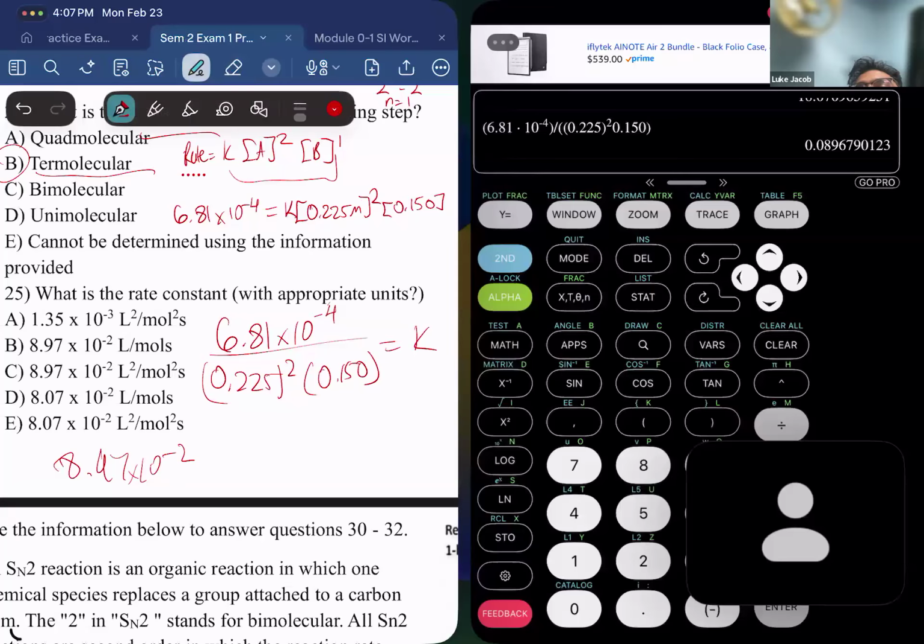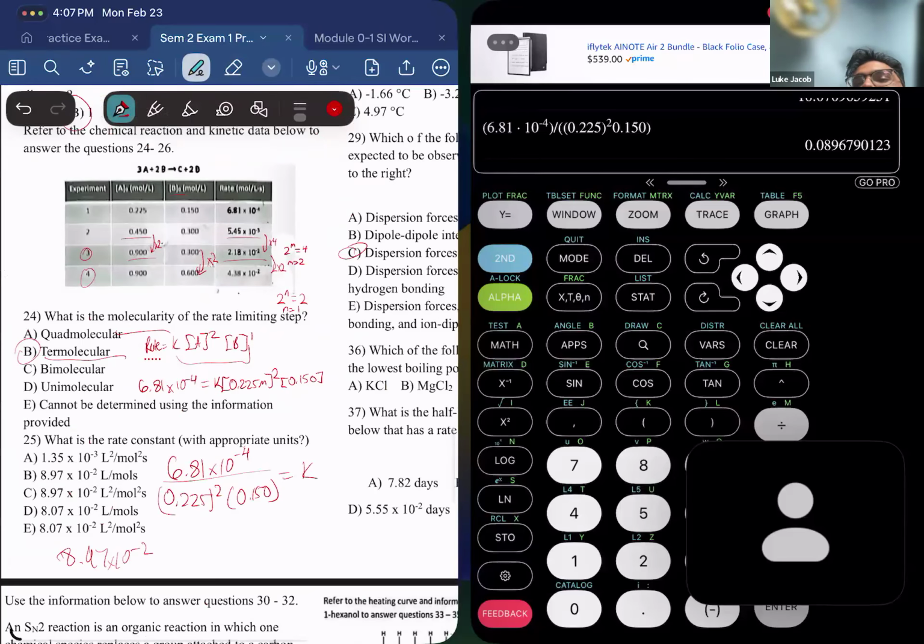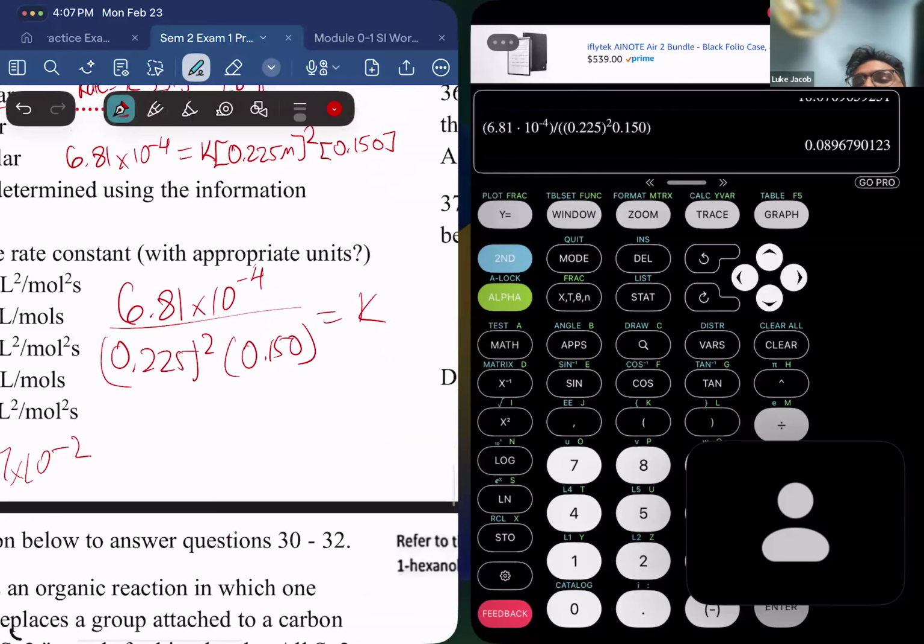And then the next thing that we can do here is take the units, right? So we see that the rate is mole over liter times second. And what we did is we took the concentrations and divided it. So we're going to put it like this: mole over liter squared, and then liter times mole.